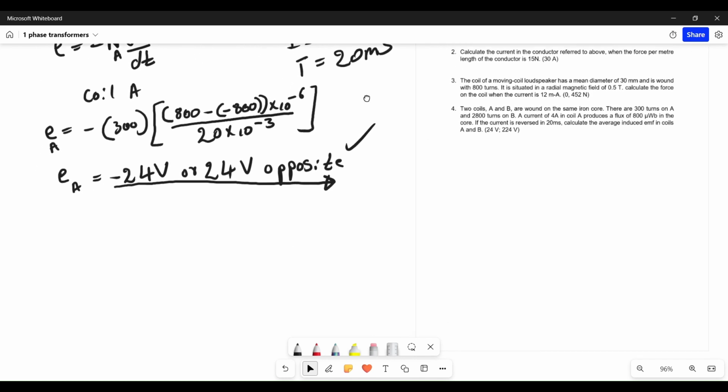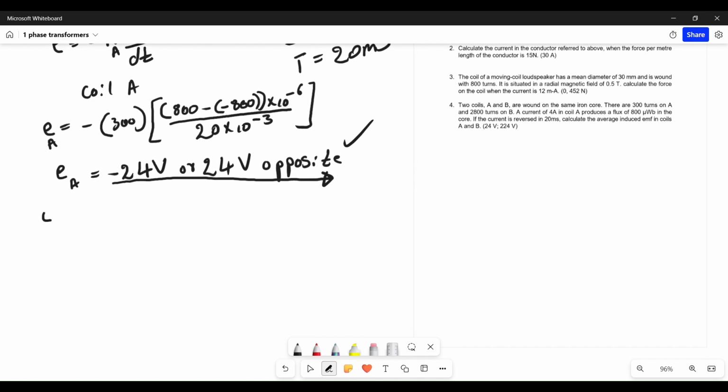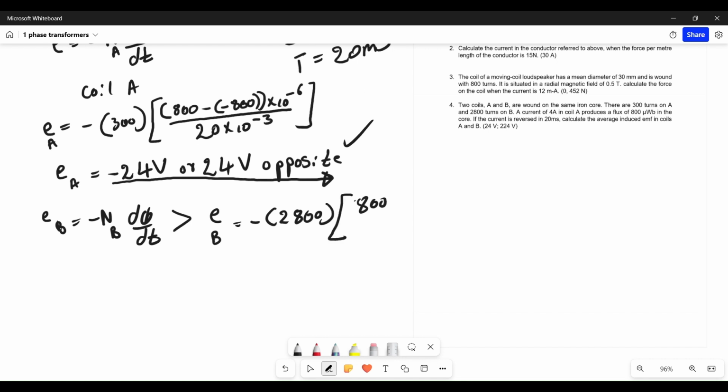So now we can calculate the one for B. The induced EMF for B is minus NB, change of flux, change of time. So this is negative 2800, final minus minimum, 800 times 10 negative 6.